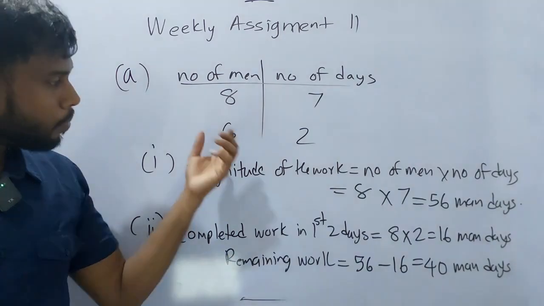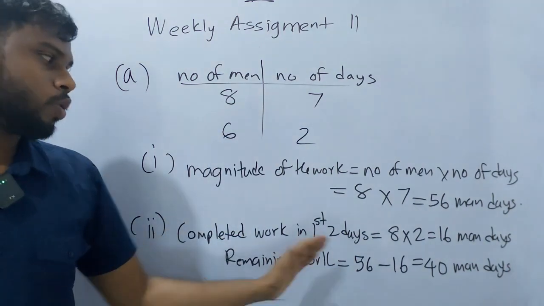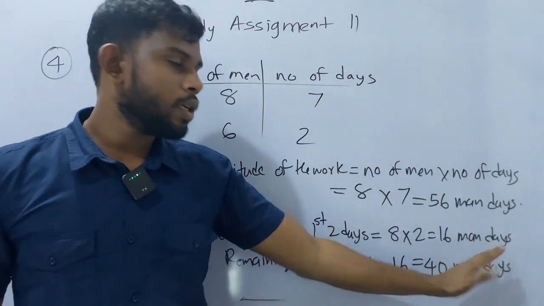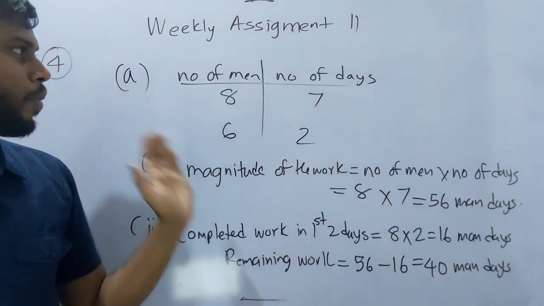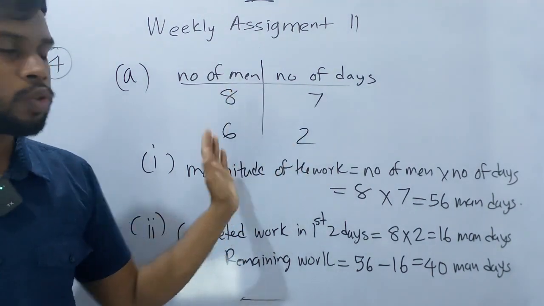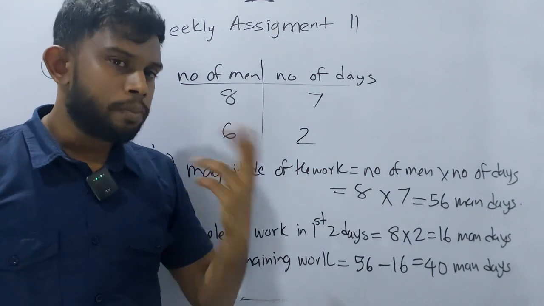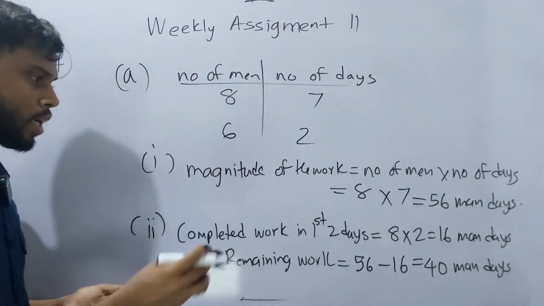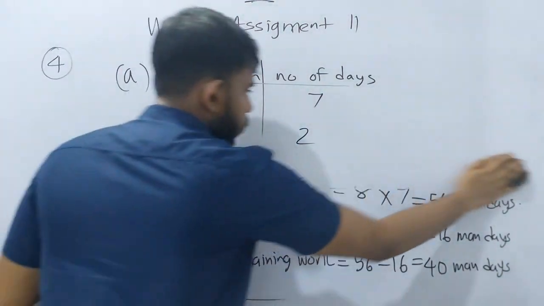Then you can find the magnitude of the work completed within the next 2 days. So within first 2 days, 16 man days of work, and within next 2 days, the number of men is 6, number of days is 2, so 6 into 2, 12. So 12 magnitude of work will be completed within next 2 days. So let's do that calculation here.